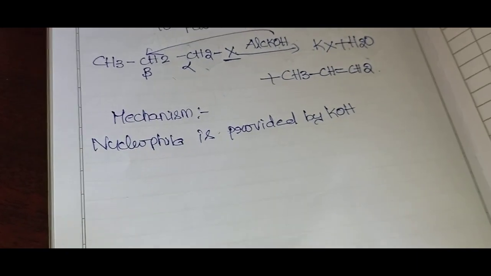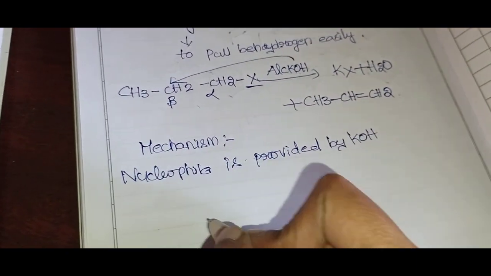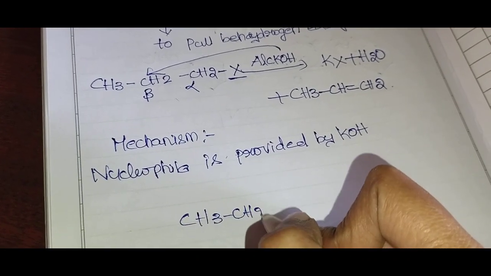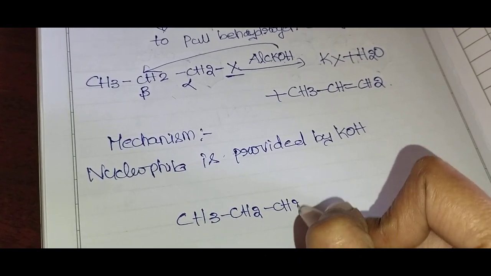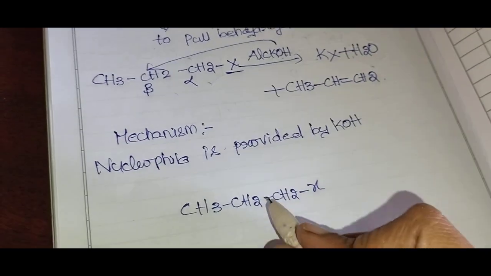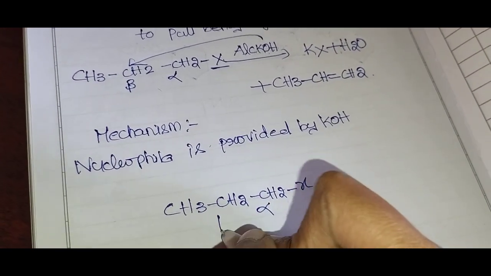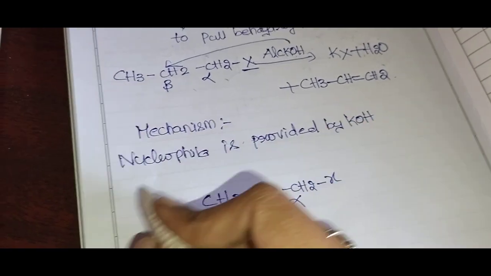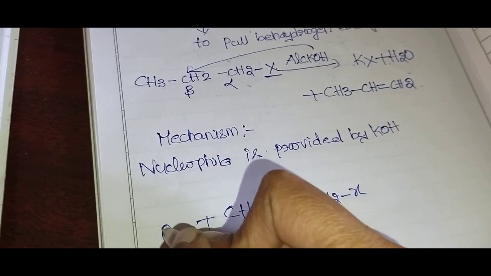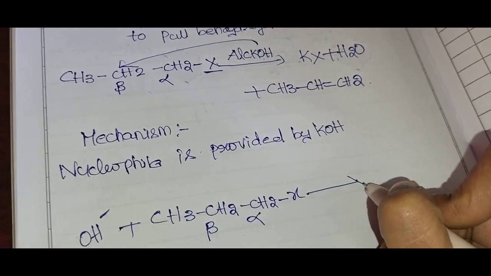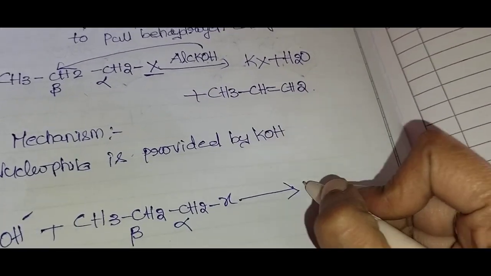Let's take the same example, CH3, CH2, CH2X. The alkyl halide will be removed, with alpha carbon and beta carbon, and the nucleophile is provided by KOH, that is OH minus. So when the reaction takes place, what happens?